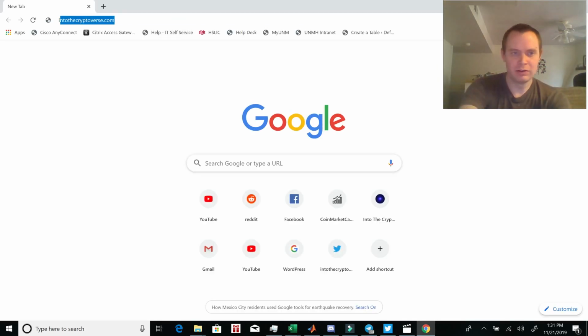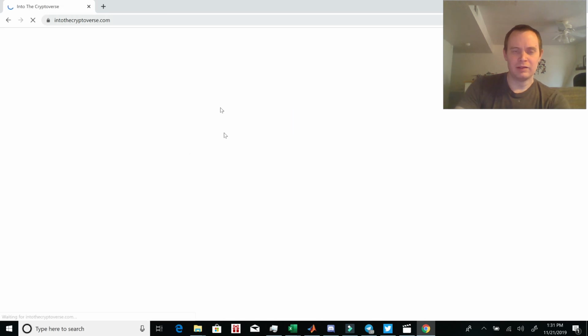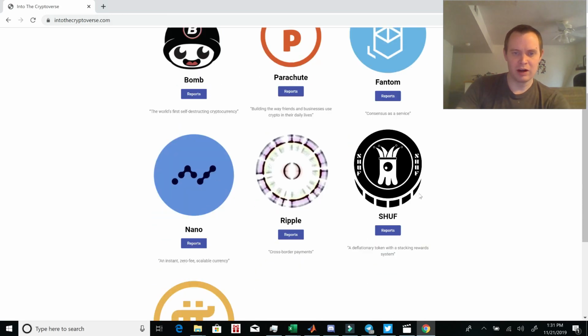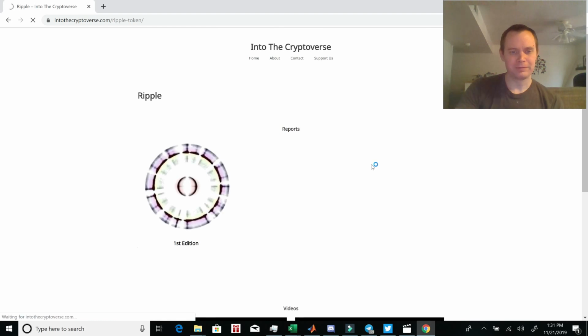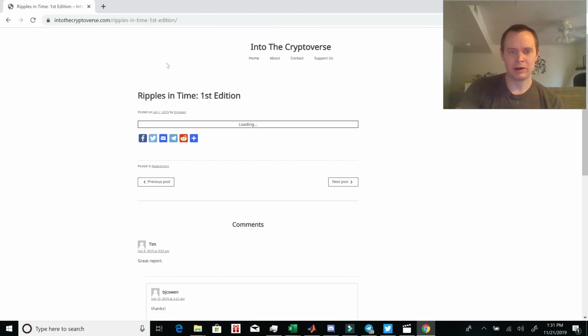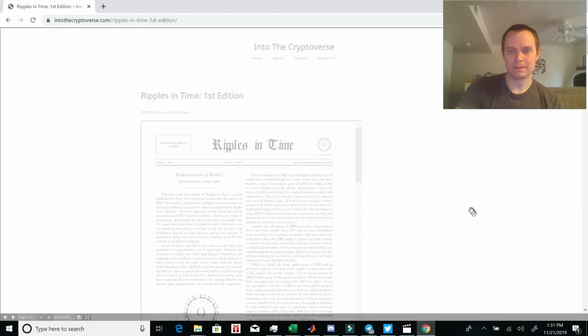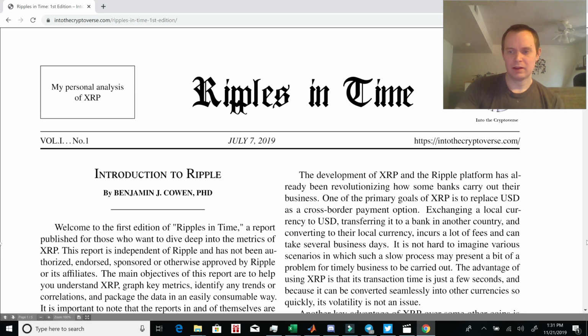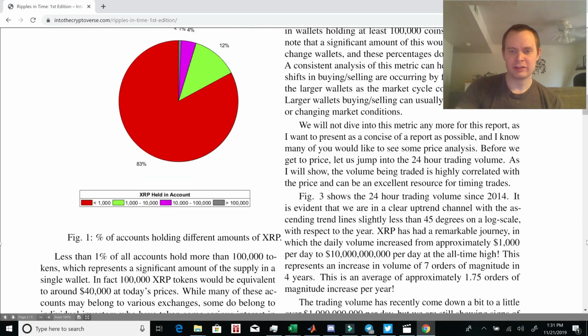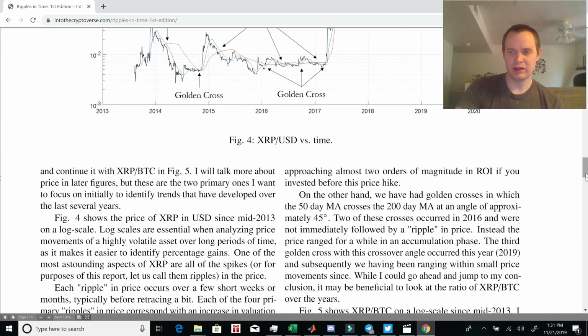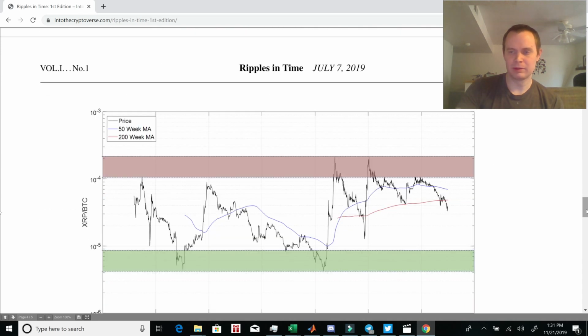And I would like to actually just quickly show you guys this graph. So if you just go to thecryptoverse.com and we look at this chart. I made this chart quite a while ago actually, so it's not up to date. The report I made is several months old, but we did make this report on XRP, and if we were to maximize this and scroll down to that chart I am speaking about, which is just XRP Bitcoin, which I suppose I could pull up on TradingView.